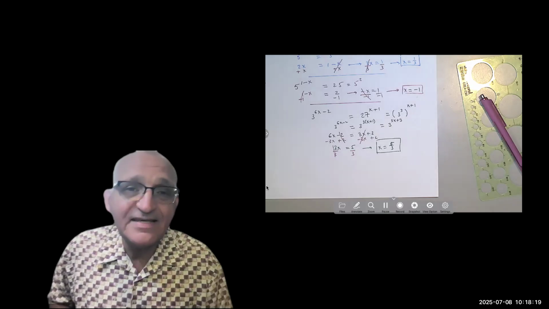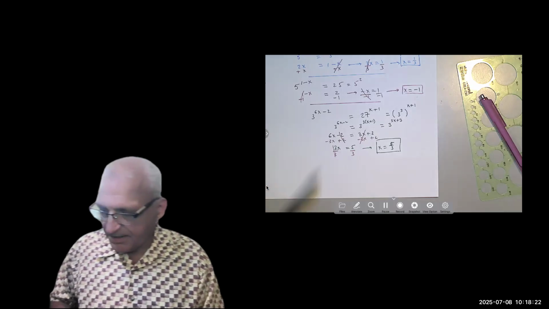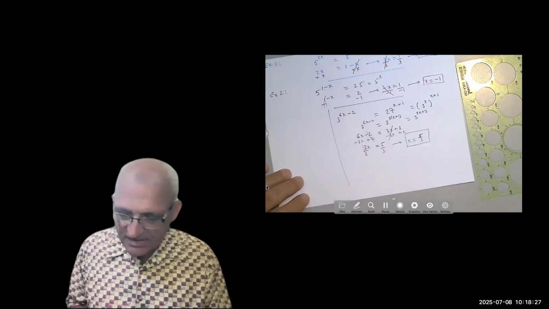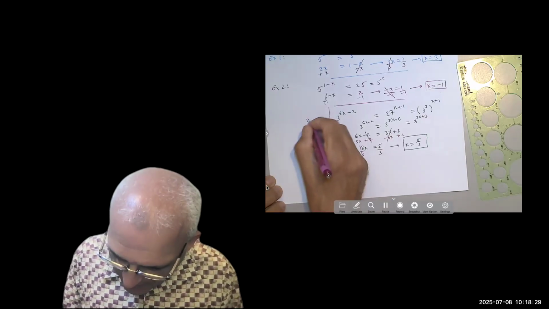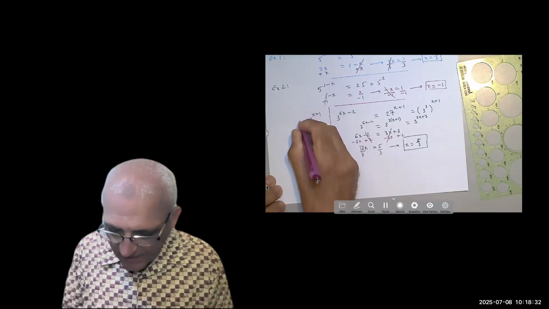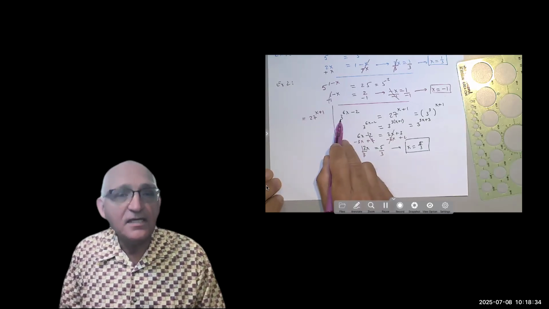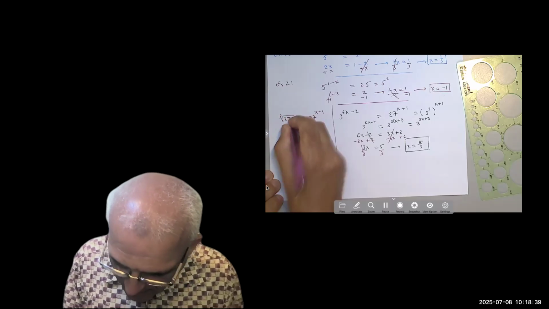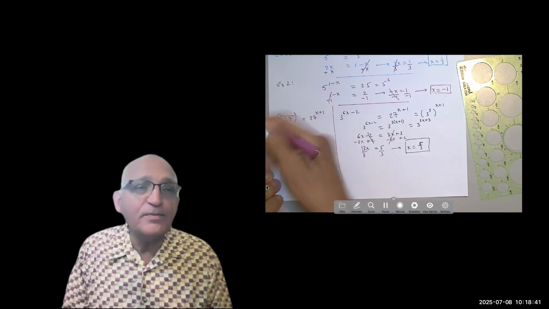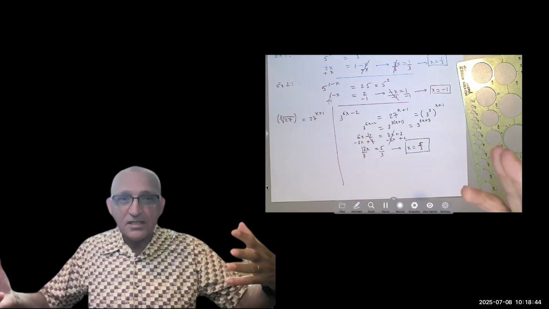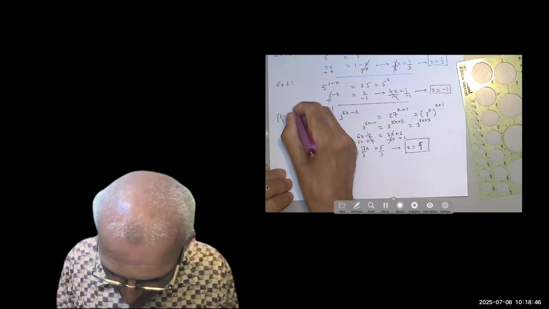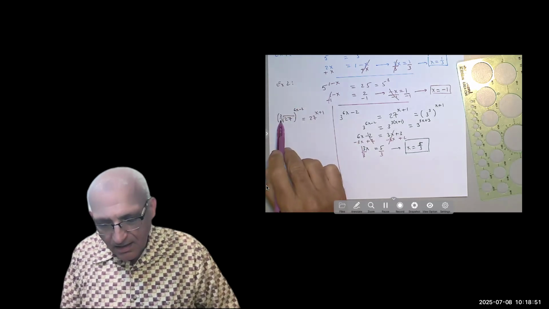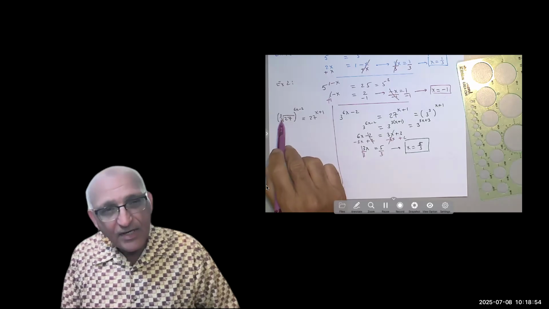Notice that I could have solved that slightly differently. On this side, I could have left the 27 raised to the power of x plus 1 as it is and said that 3 is the cube root of 27. I want to make it look hard, but show you that it's the same thing. It's not hard at all. Did you see how I can write this?